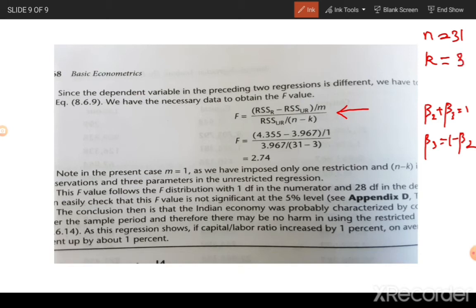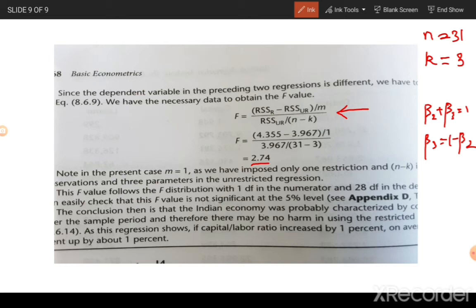So 3, right? So N minus K will come up to 28. That's how we got this. Now the value of F statistic calculated is 2.74.